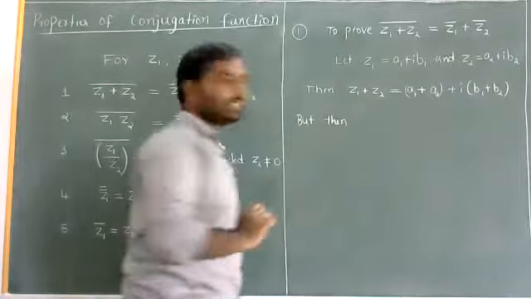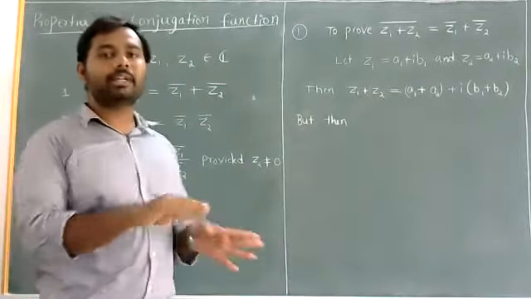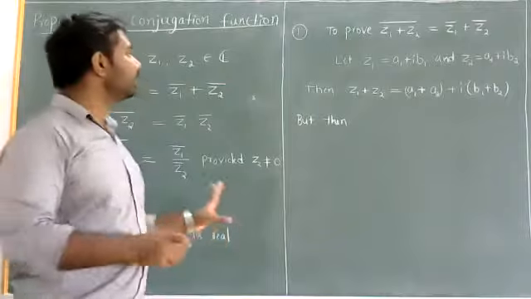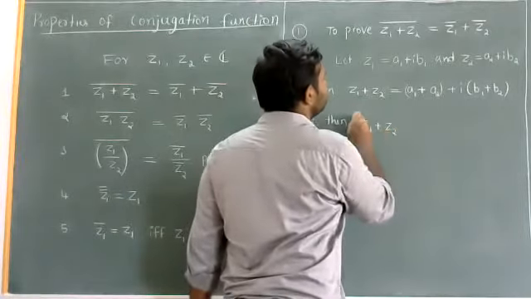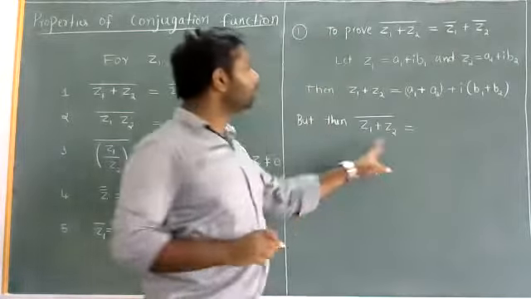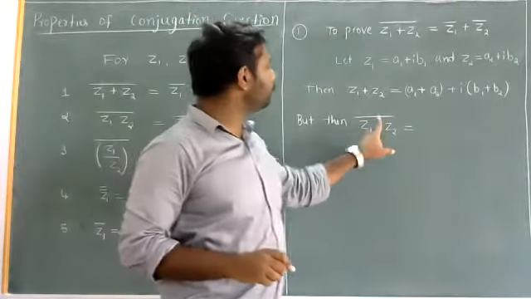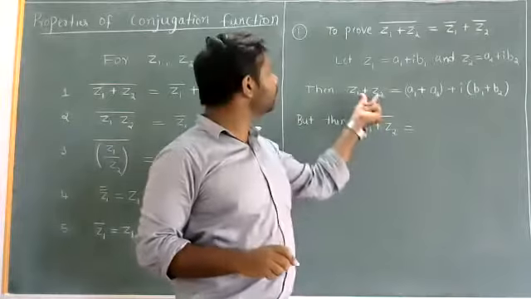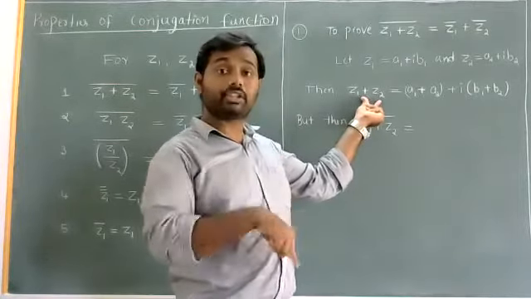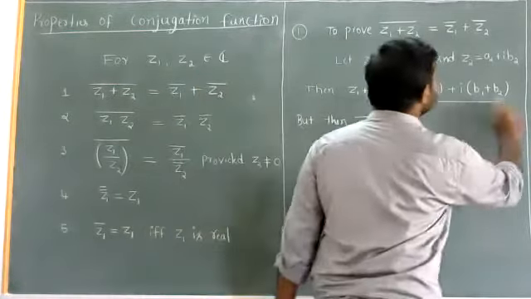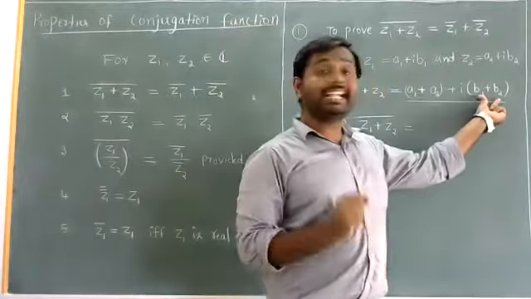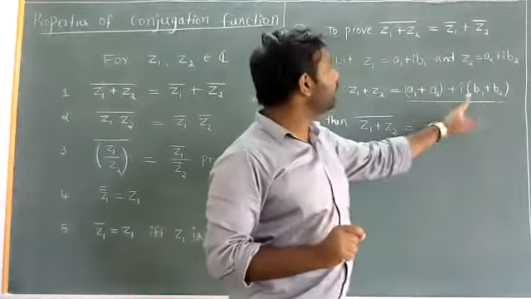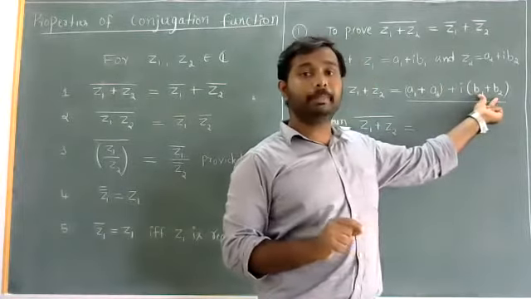Now I have a complex number and every complex number will have its conjugate, right? So what is the conjugate of z1 plus z2? It is denoted by z1 plus z2 whole bar. So now I have to write the conjugate of this complex number. If this is the complex number, we get the conjugate by negating the imaginary part. Here the imaginary part is b1 plus b2.